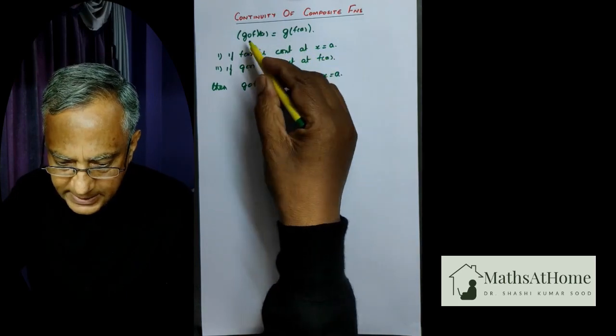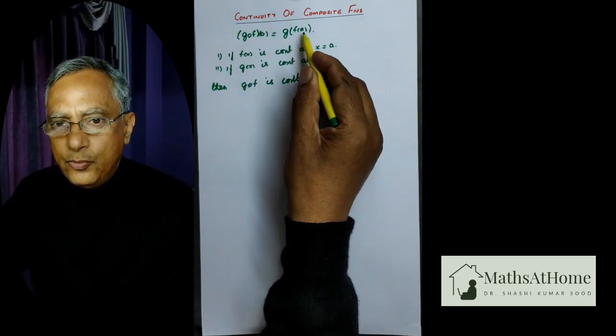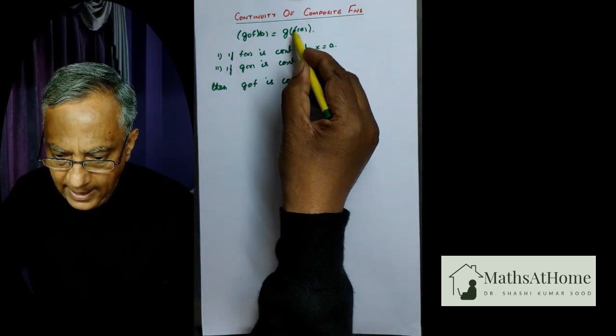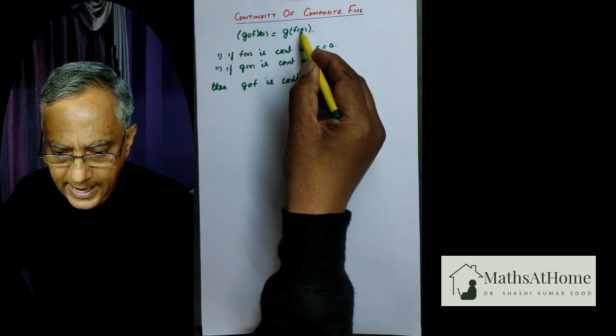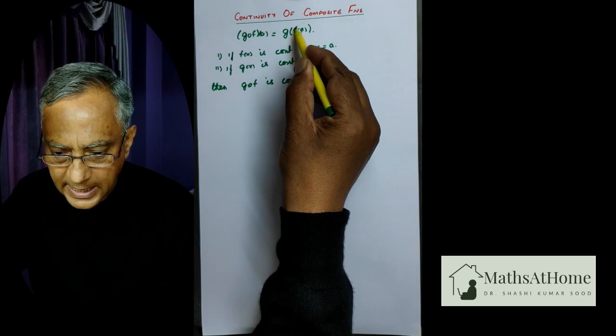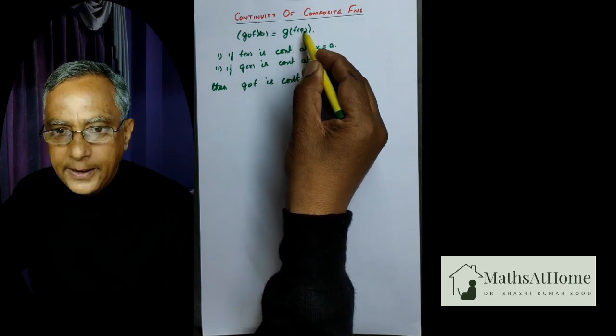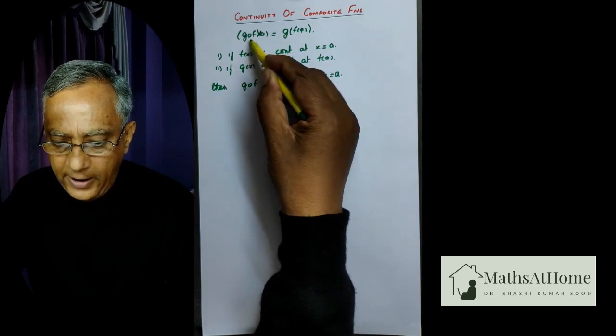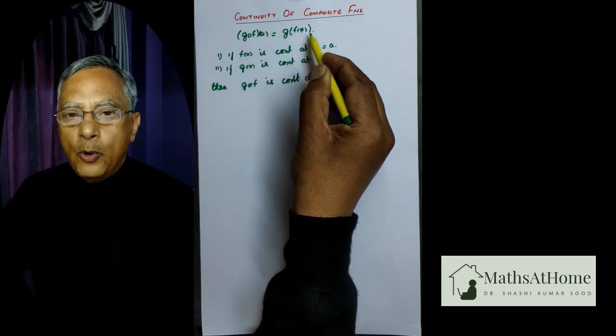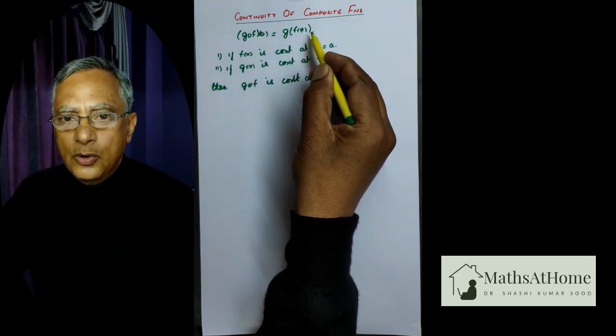So you can see the definition. What we notice, if f is continuous at a and g is continuous at f(a), then g∘f will be continuous at the point x equal to a.